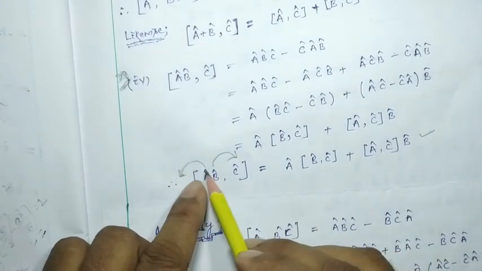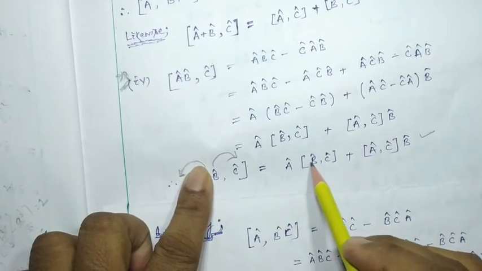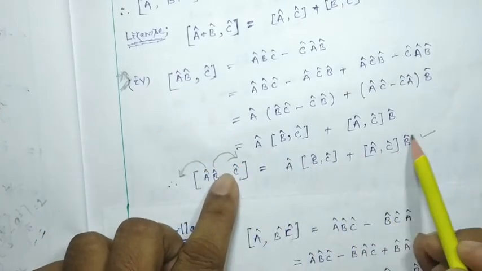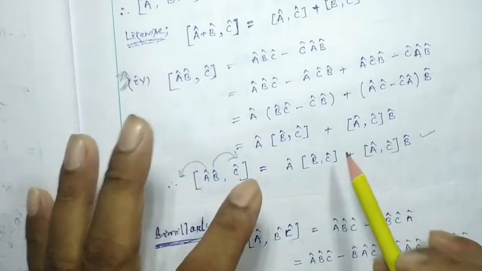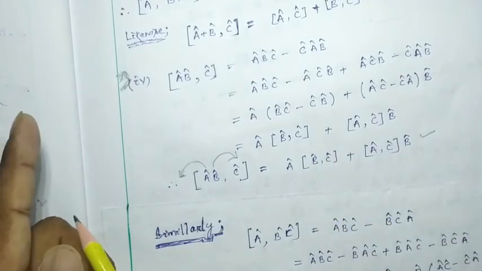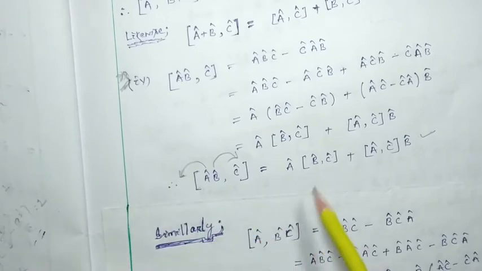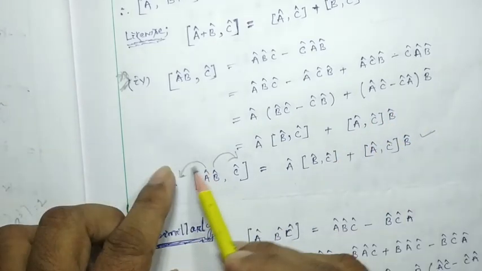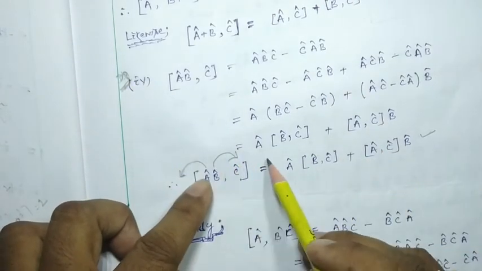So here [A] came over here, rest is the commutation of [B][C]. Then [B] comes to this side and the commutation of [A][C]. You could not write [B] over here. The order of application of the operator is most important, that we discussed in our last video. The order of application of the operator is most important. So here [A] will be over here, then commutation of [B][C], plus commutation of [A][C] with [B] going this side.